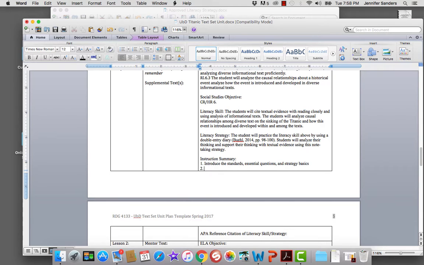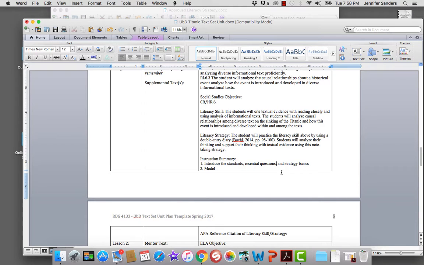Two, well, I want to model, like I'm doing for you, if I can spell correctly. I want to model how to use the strategy to support the literacy skill. And so what you notice is I didn't put anything about the literacy skill.